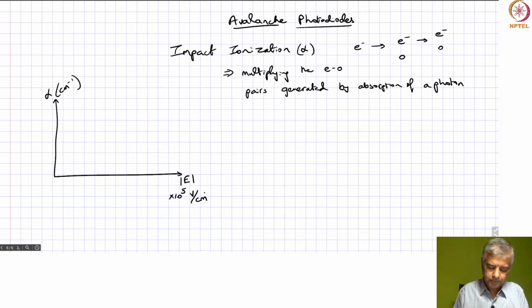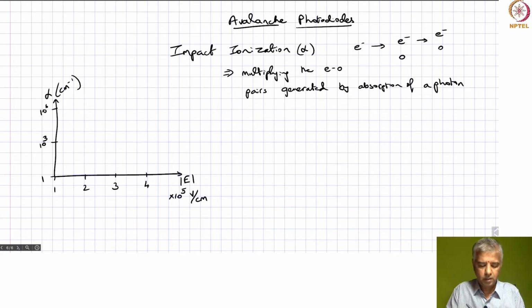Okay, so we have 1, 2, 3, 4 and so on, and on the y-axis this could be 1, 10 power 3, 10 power 6 even. That's a huge number. So you can get multiplicative gains in the order of 10 power 6 even with this impact ionization process.